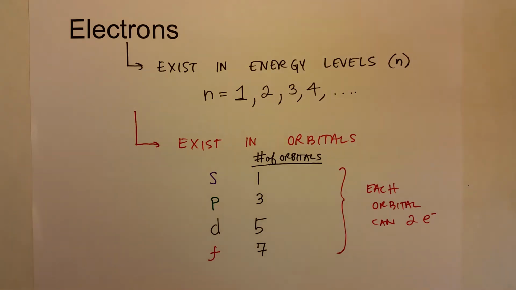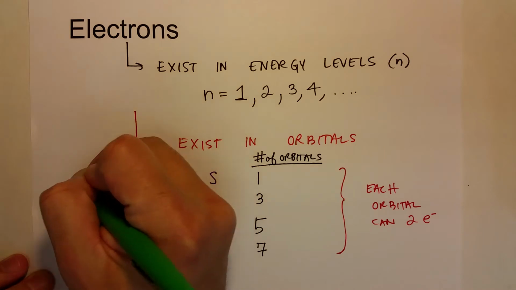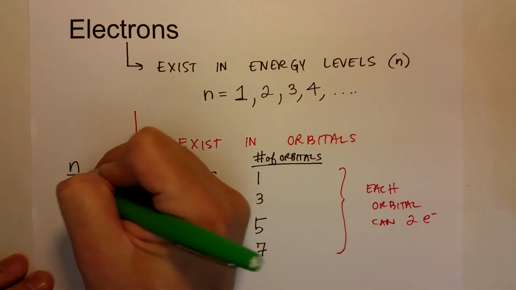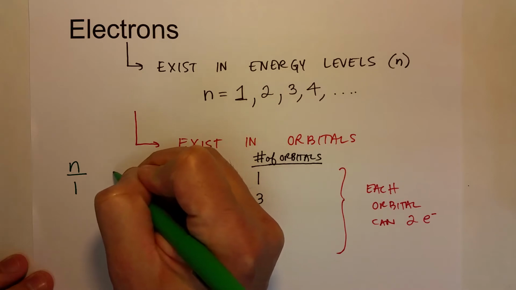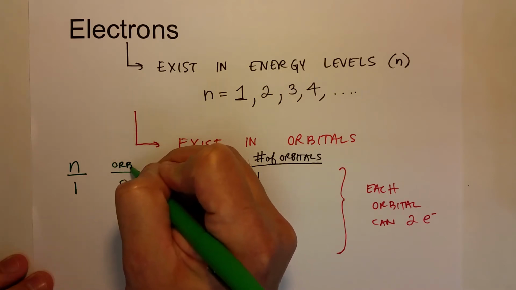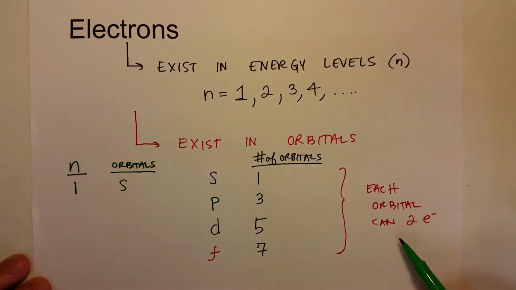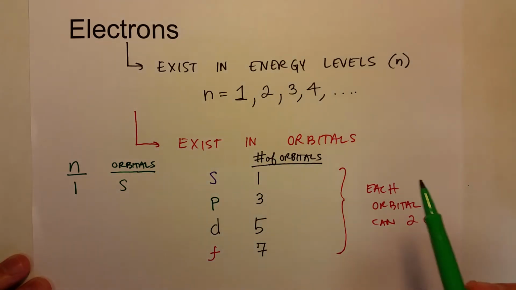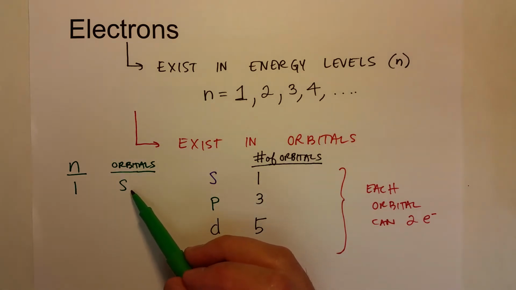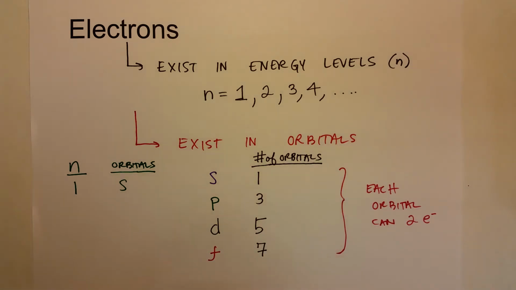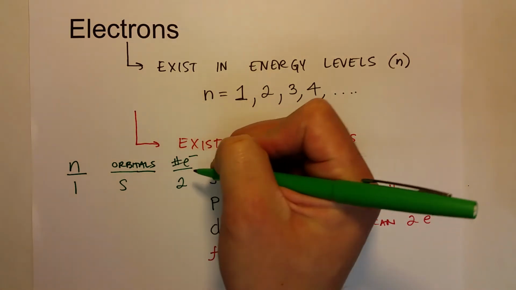What we do need to know is that the first energy level only has an s orbital. And so, if you think each orbital can hold 2 electrons, and there's only one orbital in the s sublevel, which we call the s orbital, only 2 electrons can exist in the first energy level.